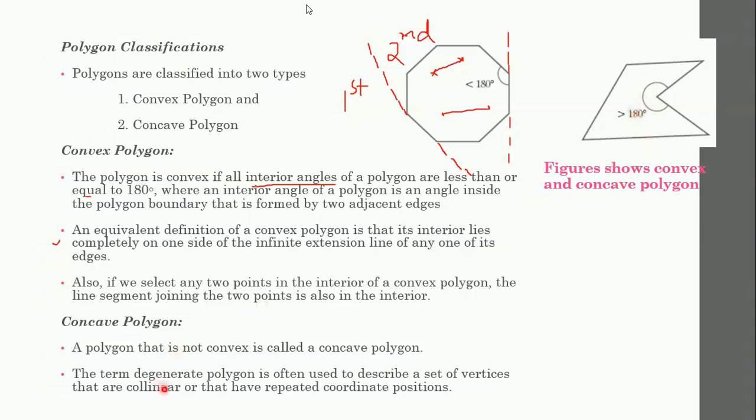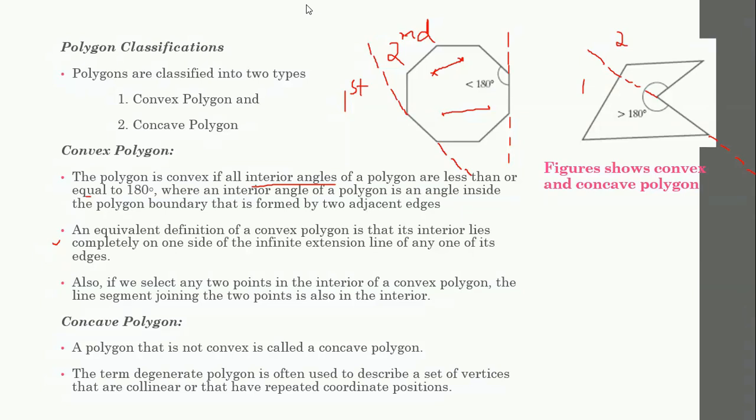Next, if you want to check the second condition, let me extend this line here in this manner. What happens? You consider this as the first side and this as the second side.